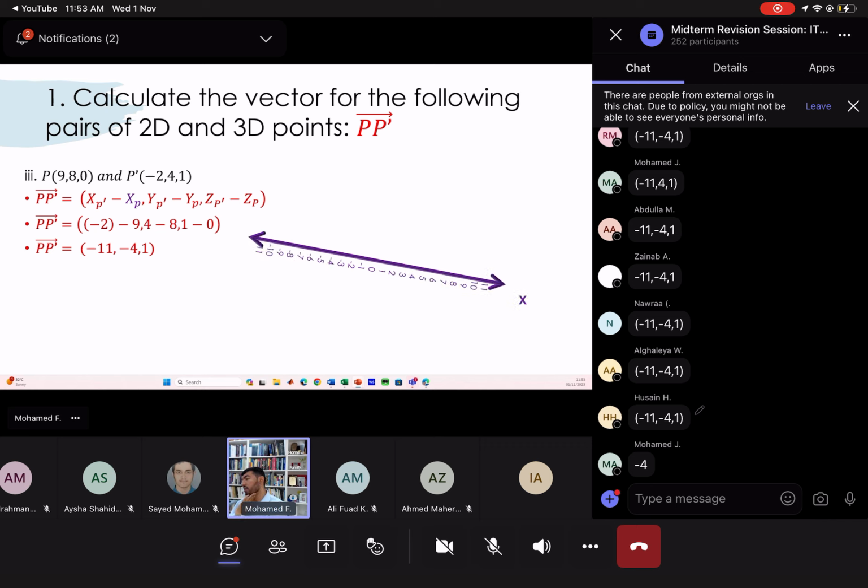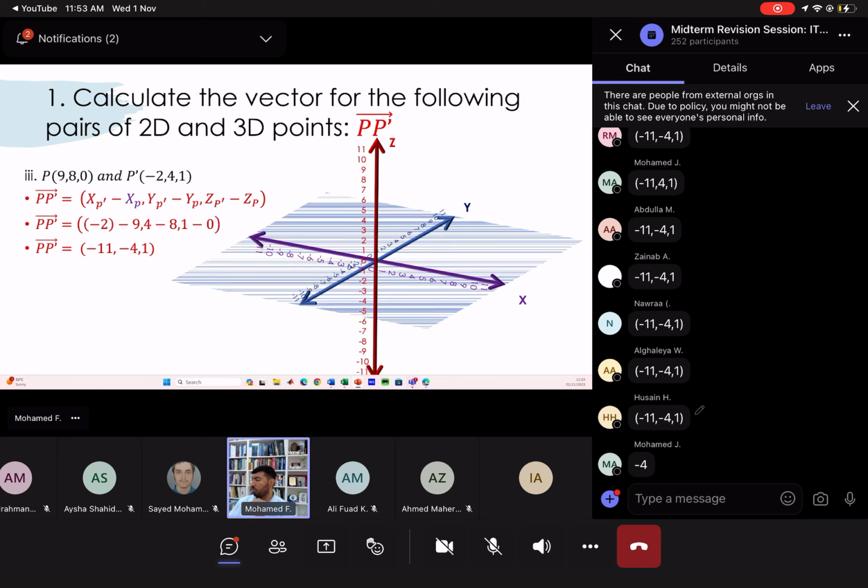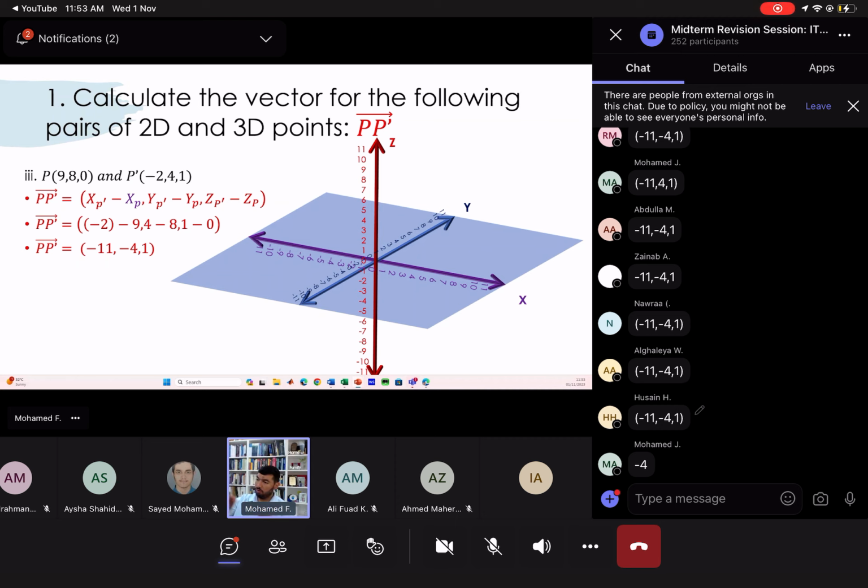If you want to visualize it, at this point you don't need to, but if you want to, we think about this as a surface. We are looking at it from the side like that. So this is the Z, which is the standing point. We can see this is the ground floor.